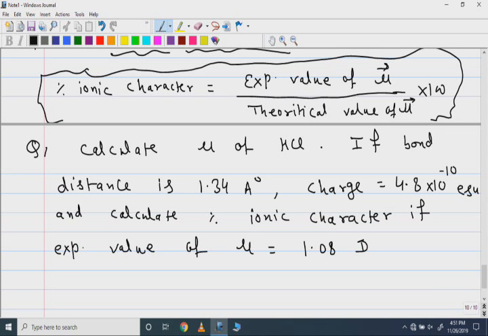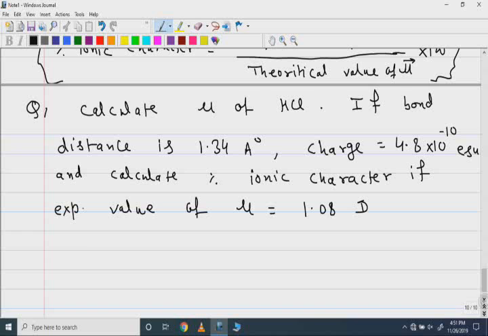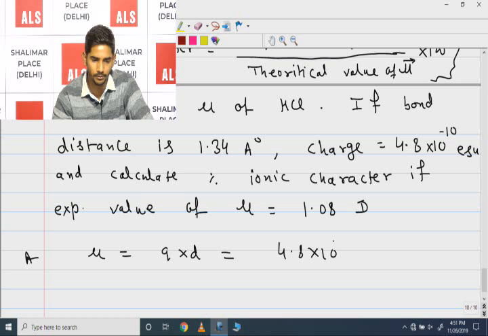Okay guys, so let's start. First of all, you need to calculate the mu. Just use Q into d. Q is given to you, 4.8 into 10 to the power minus 10. Then angstrom, so just convert angstrom into centimeters, which will be 10 to the power minus 8.